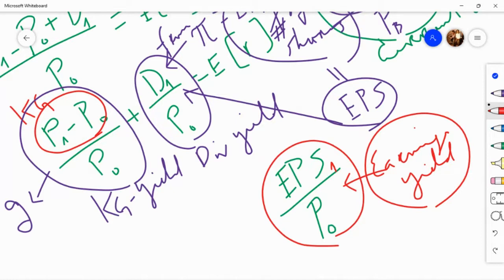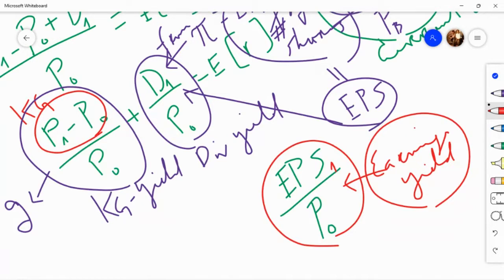If you bought a stock for $100 and it gives you earnings per share of $20, the earnings yield is 20%. That's a very direct metric of the earnings power of that stock. That's like a 20% return.